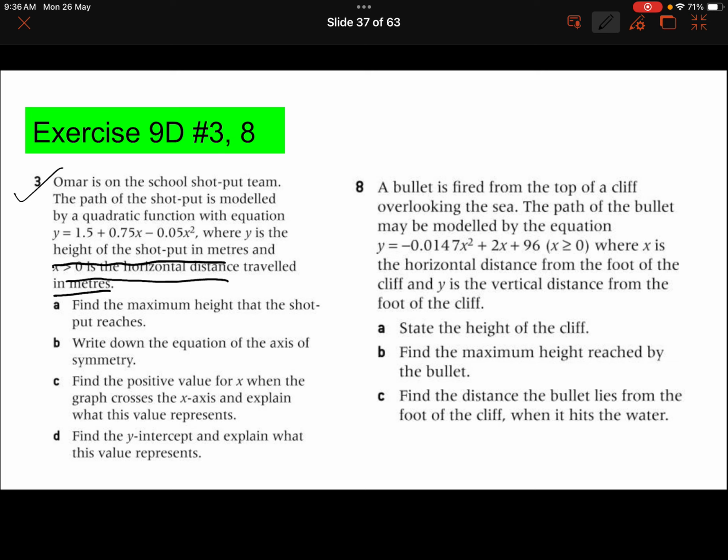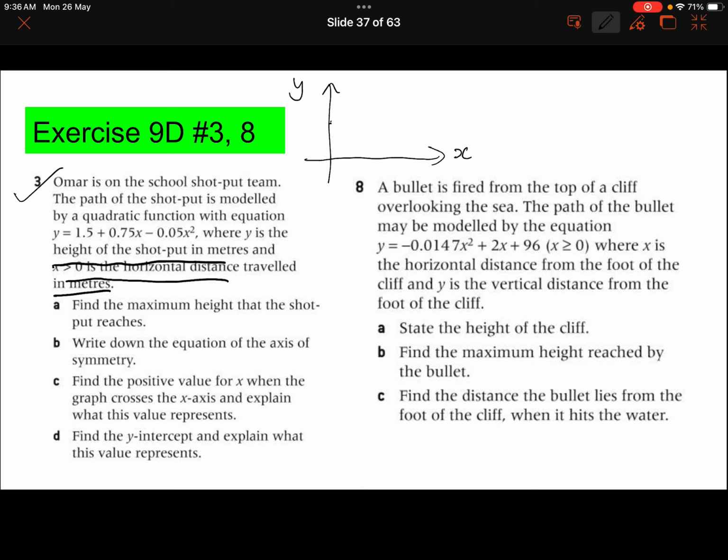Now technically, if you were to draw a graph, we're going to call this y, and we're going to call this x. If you were to model the path of the shot put, it should start at a certain height, because when you throw the shot put, it should come from about the height of the person who is throwing it.